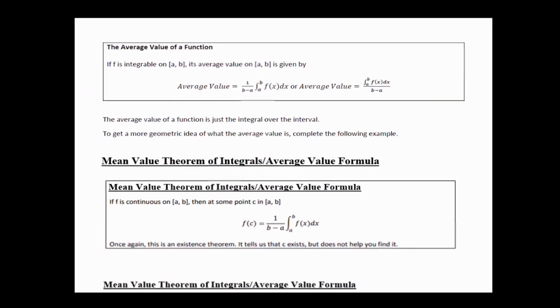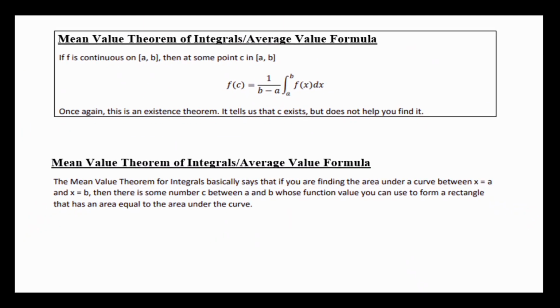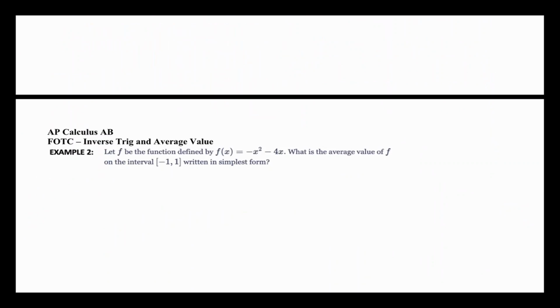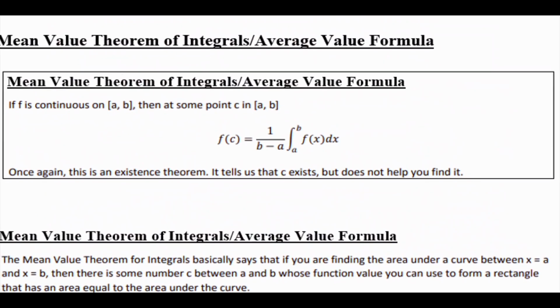Okay, here's the same formula here. What is average value? You're trying to find the average area under the curve. It's trying to tell you what the average area under the curve is.